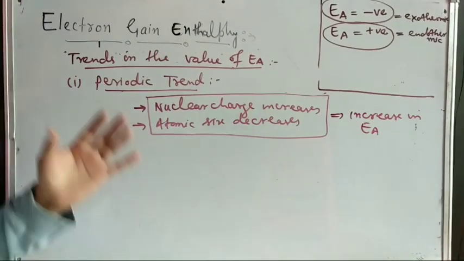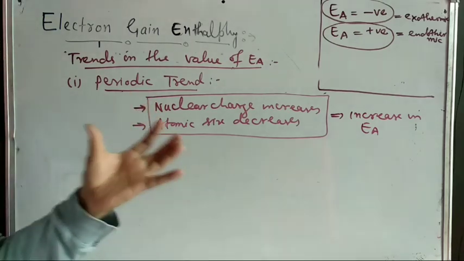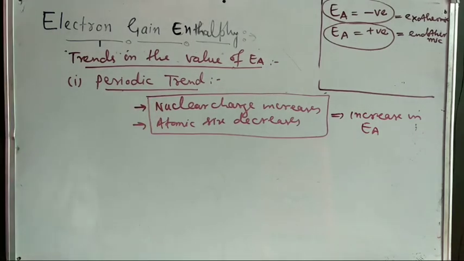So simply we can say that when we move across the period, there is an increase in the value of electron gain enthalpy.